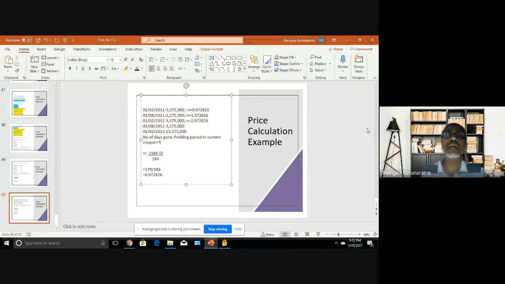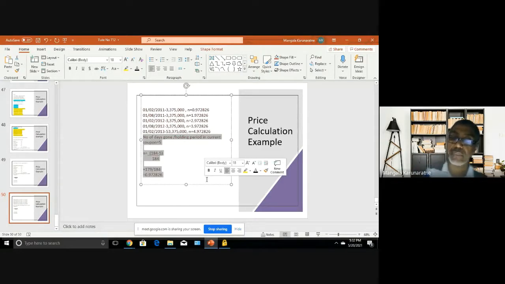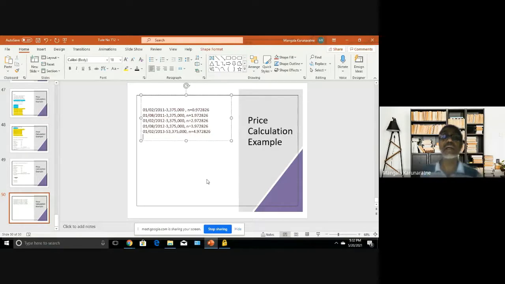The fourth one, N equals 3.972826. The last one, N equals 4.972826, right? So that is how we do this calculation. Then you can apply the formula to this.